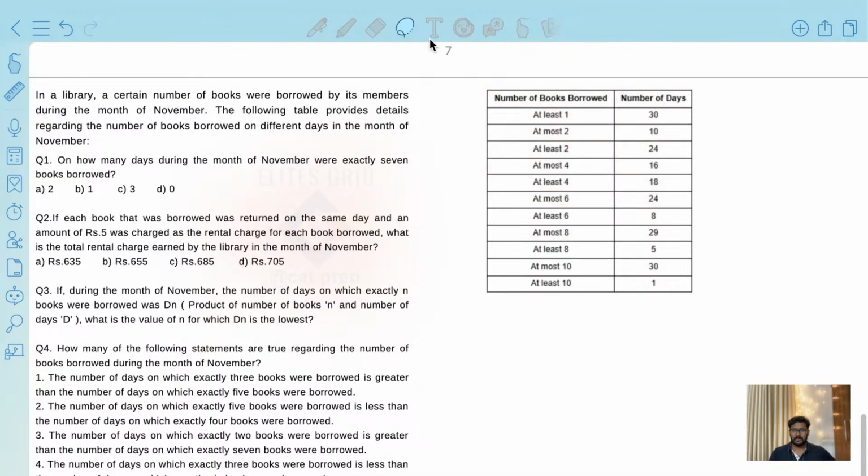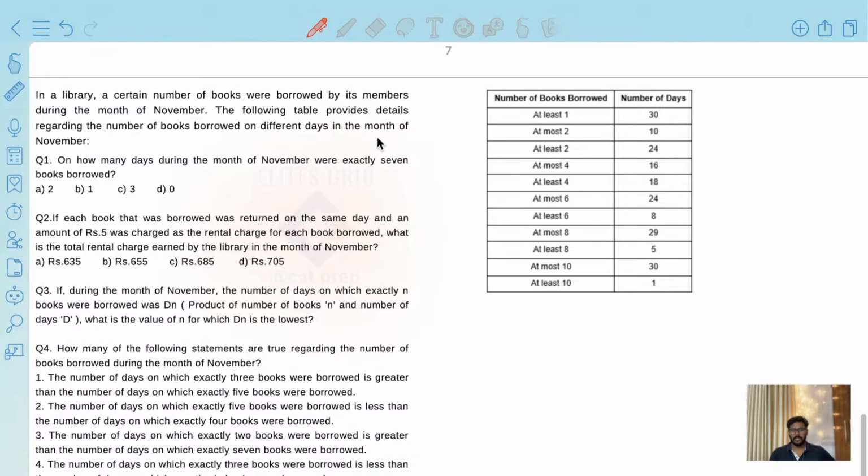What is this? In a library, a certain number of books were borrowed by its members during the month of November. The following table provides details regarding the number of books borrowed on different days in the month of November.